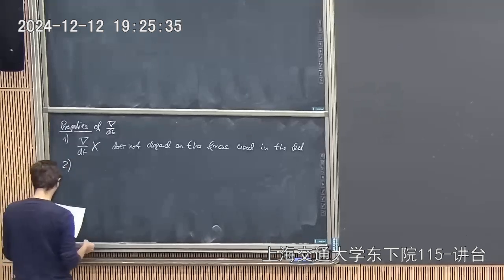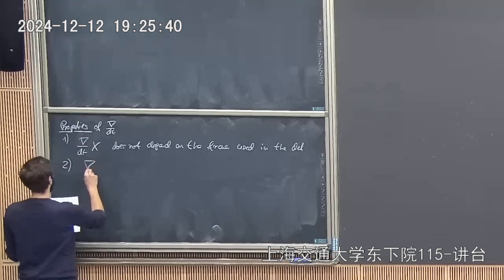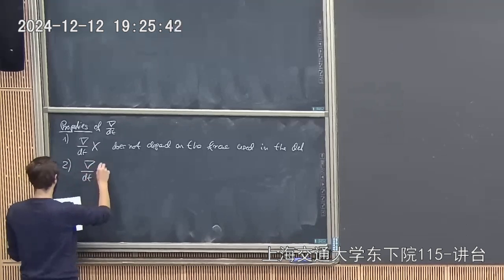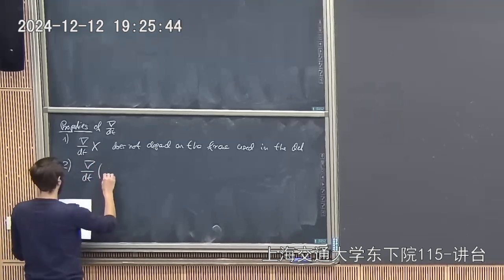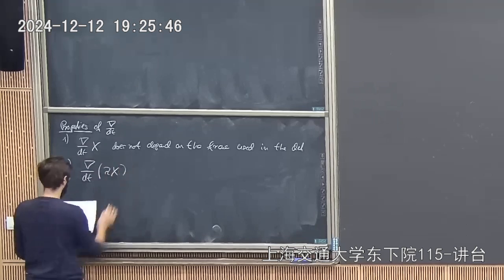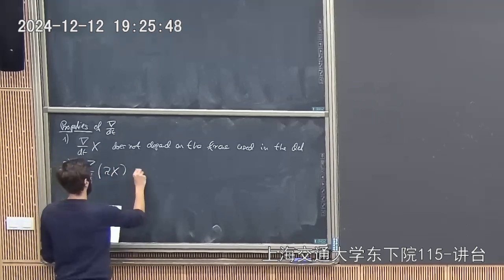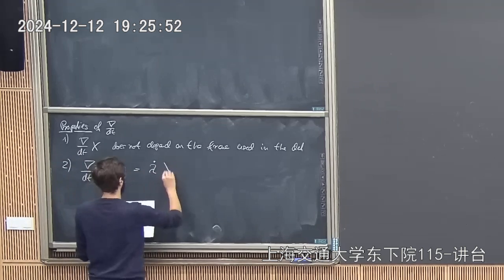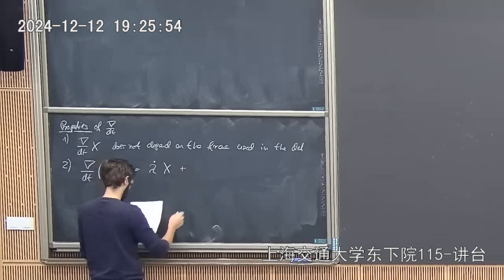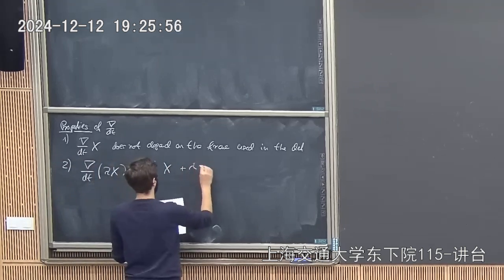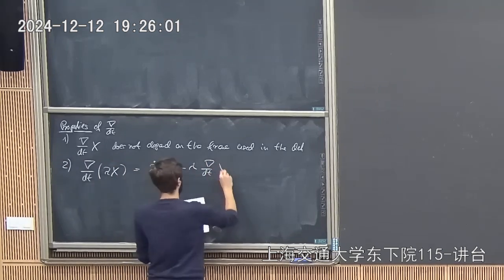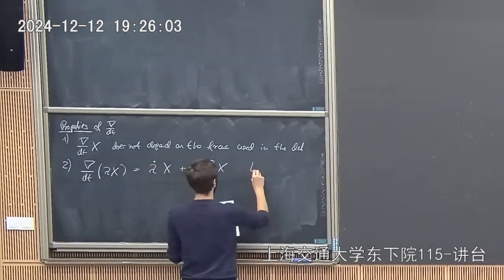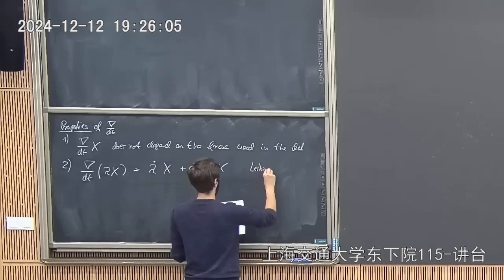The second property is that we have d/dt, and then we scale by lambda, then we get a chain rule property, which is the Leibniz property.